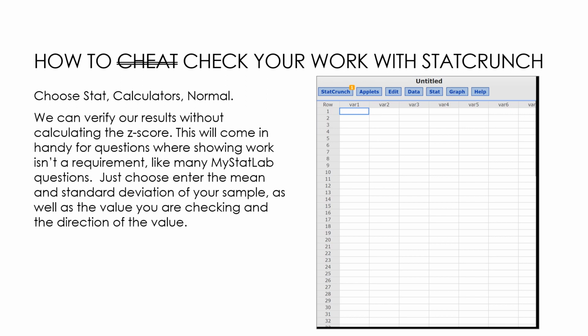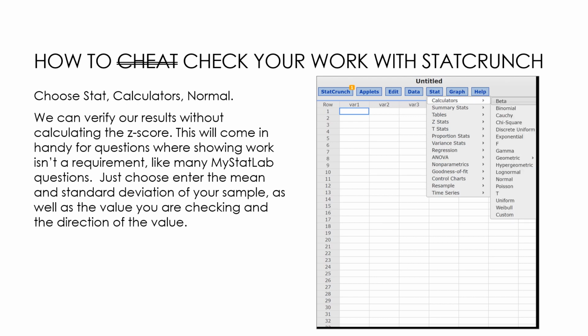So I want to show you not only actually going into Statcrunch to find the solution based on the z-score, which I had a screenshot of on our last slide, but this is going to Stat, Calculators, and Normal.